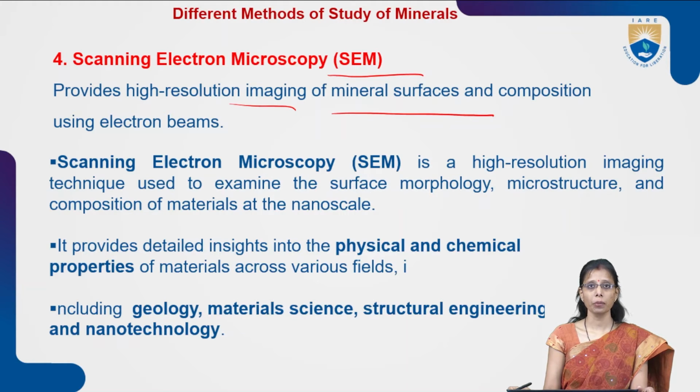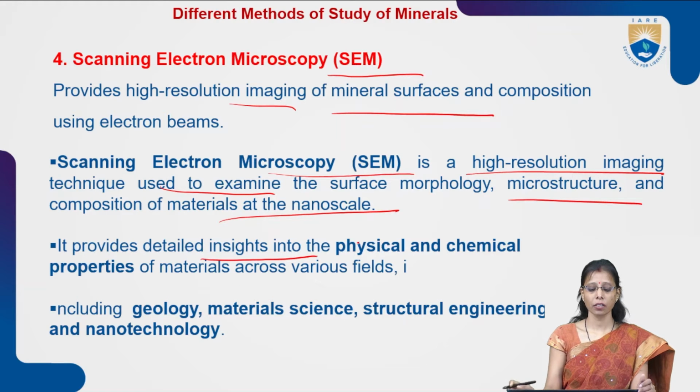It is used to examine the surface morphology, the microstructure and the composition of the mineral at a nanoscale. It provides detailed insights into the physical and chemical properties of materials across various fields, including geology, material science, structural engineering, and nanotechnology.